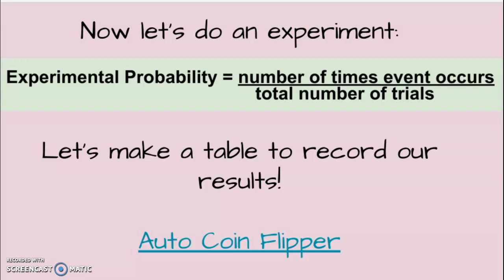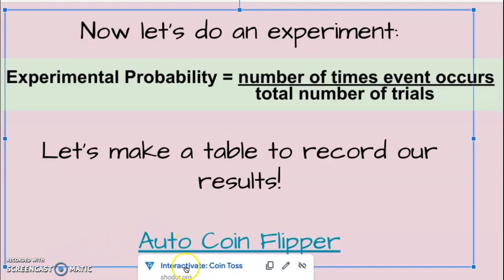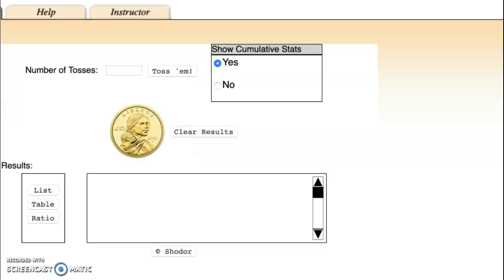So if 5 people conducted the experiment and we compiled all 5 people's results, we would have done a total of, you got it, 50 trials if 5 different people did 10 flips and then recorded their results. I'm going to simulate that using an automated coin flipper program that I found.